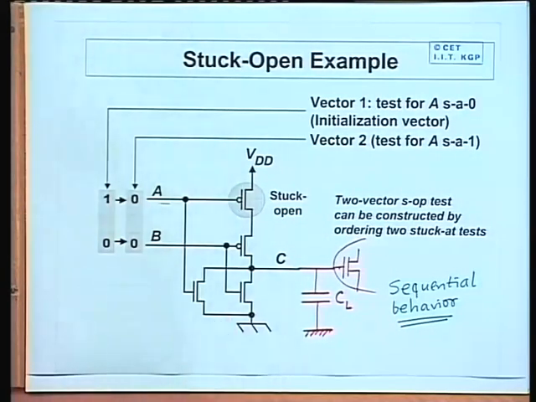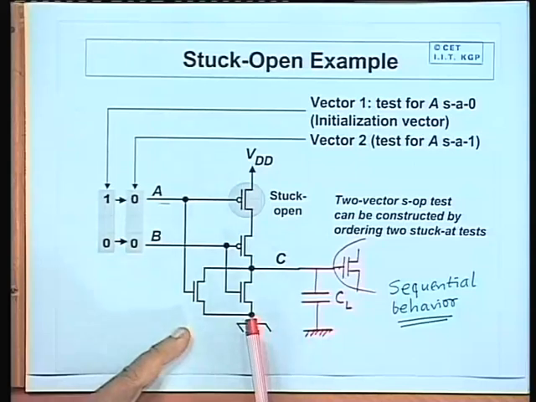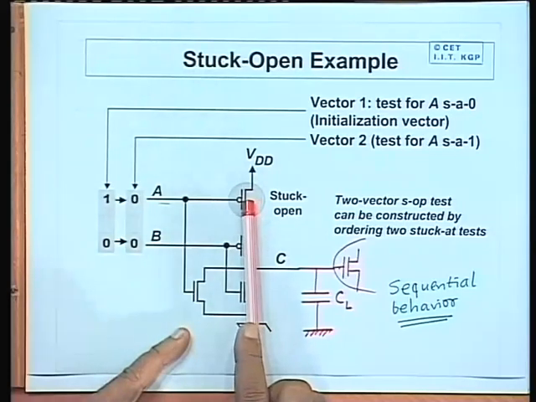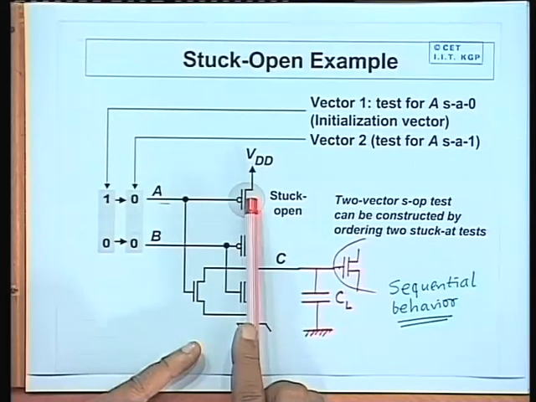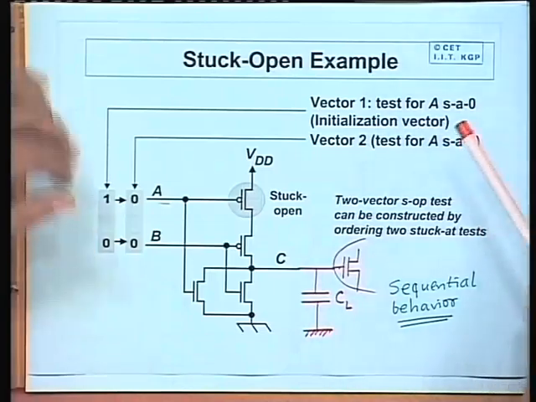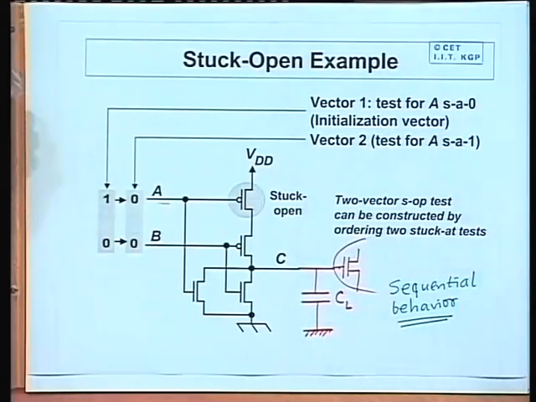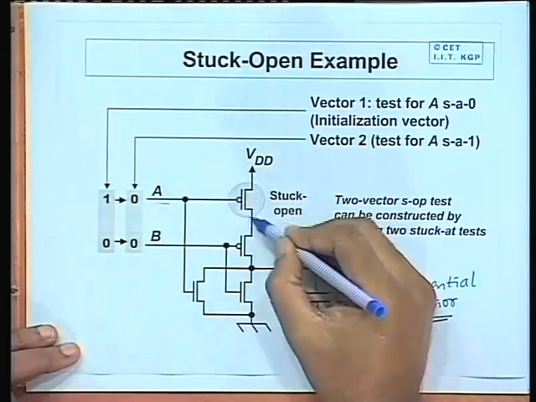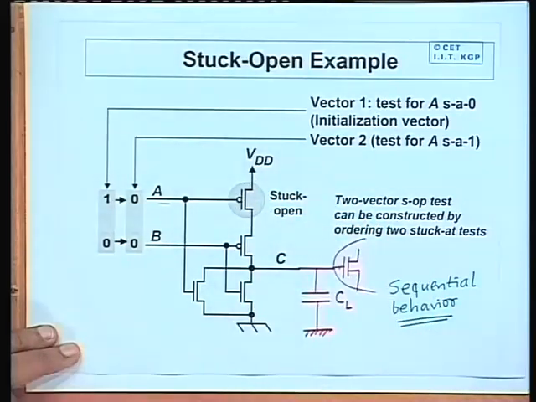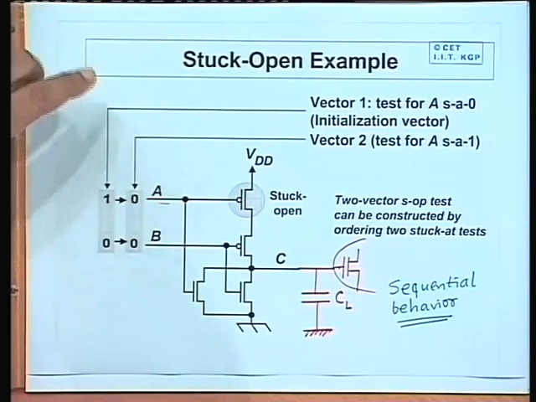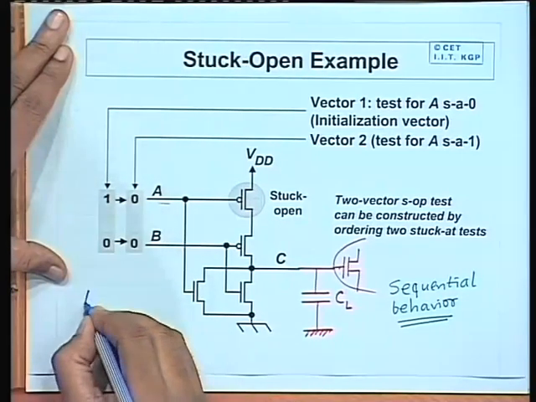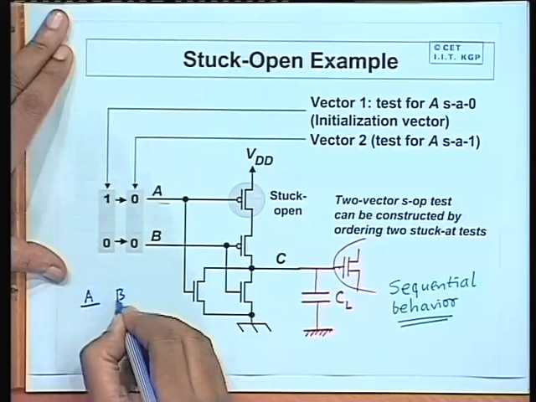Now here, suppose I want to test this transistor for stuck open. Now let us see what happens here. Stuck open means this line is always open circuit, right? Now you just imagine a situation. Suppose A and B are the inputs.